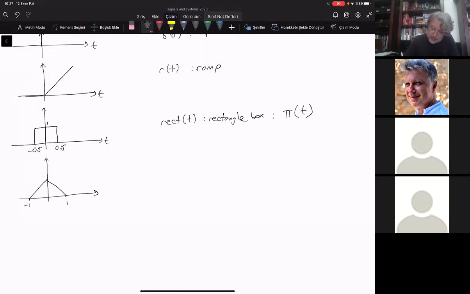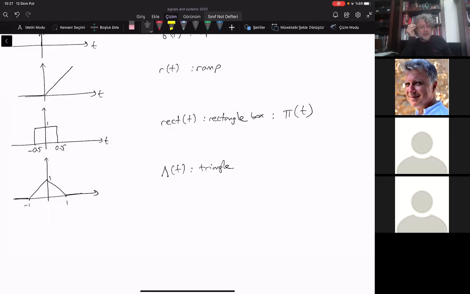The area under them is 1. And the notation of this is a capital lambda, because a lambda is like a hat or a triangle, as you see, of t. This is the triangle shape. Of course, it is zero before and after. This is 1, the top value.